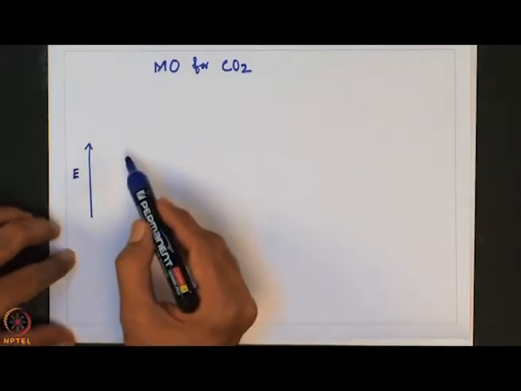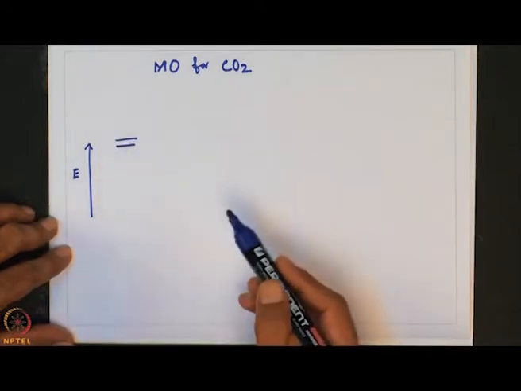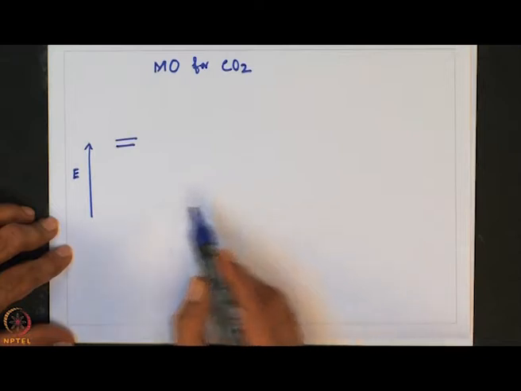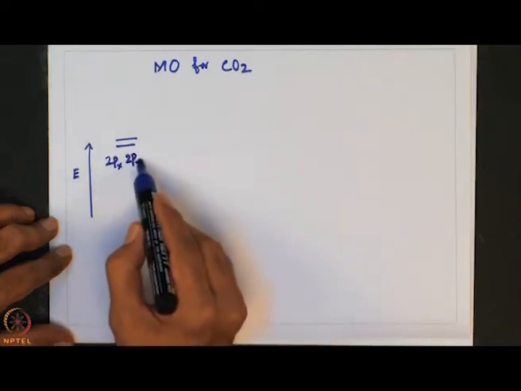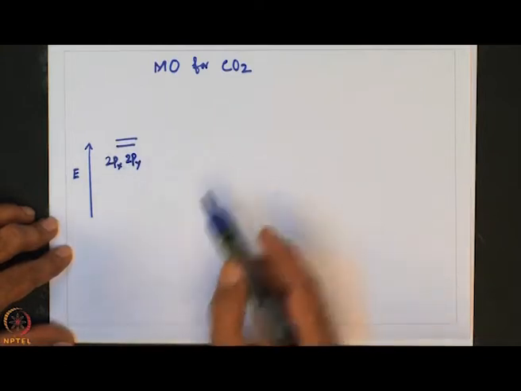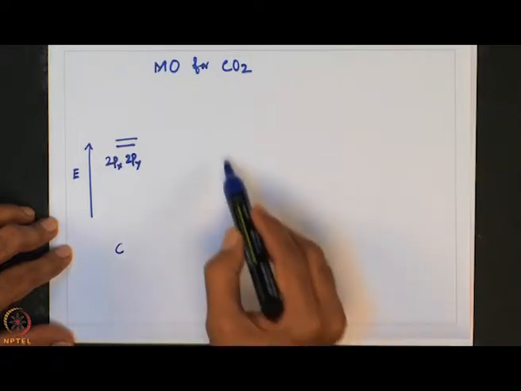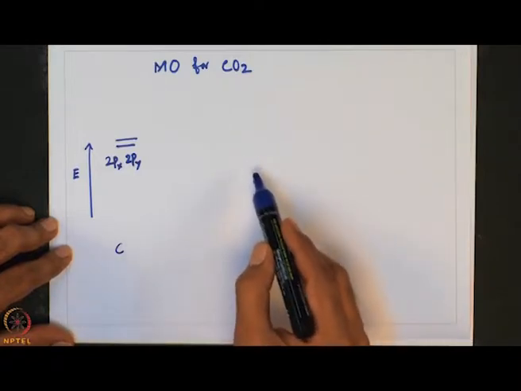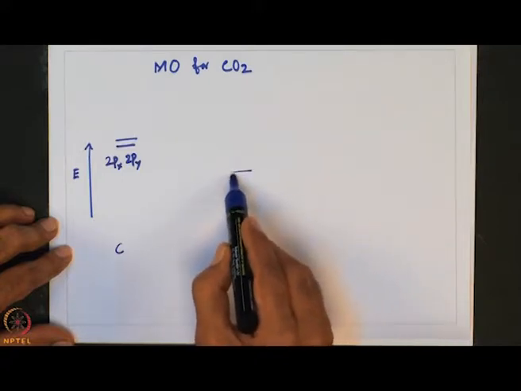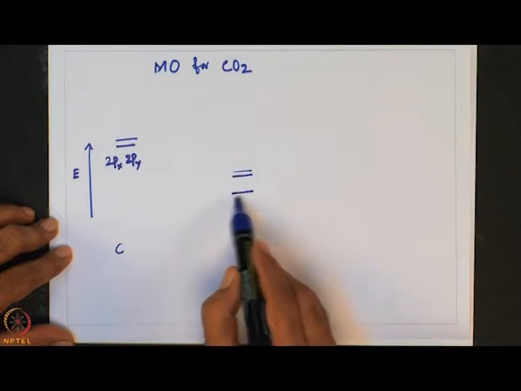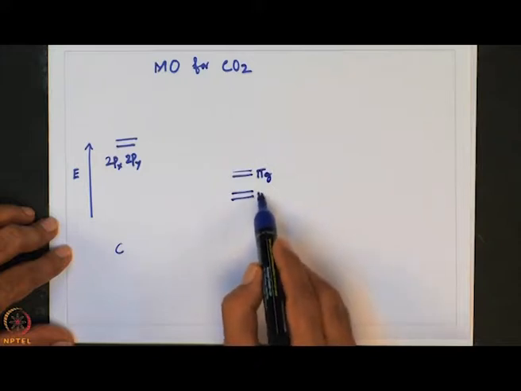Now let me consider here 2px and 2py. And this is for carbon. And then I am considering for oxygen sigma g, sigma u.